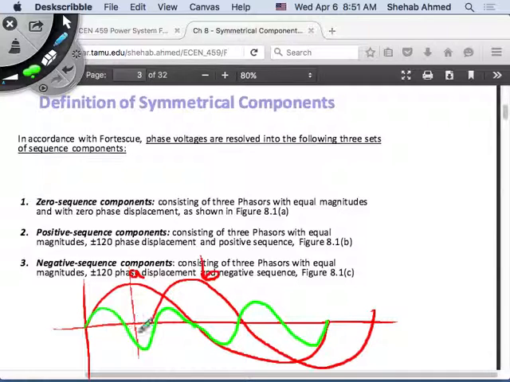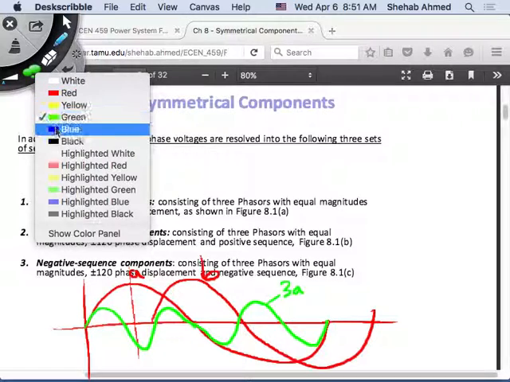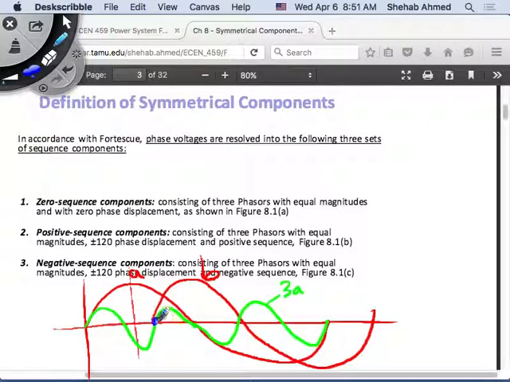So this is the third harmonic for phase A, 3 times the frequency of phase A voltage, but in phase with phase A. How about the third harmonic for phase B? How did we draw it? It had to be in phase with phase B, and it's 3 times the frequency of phase B.